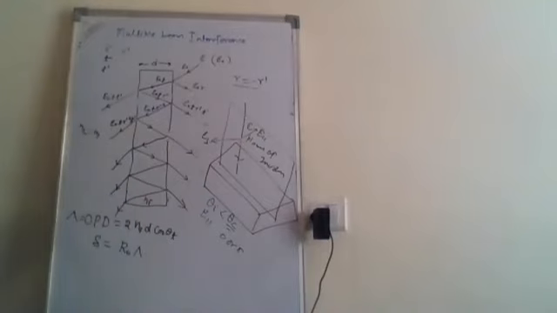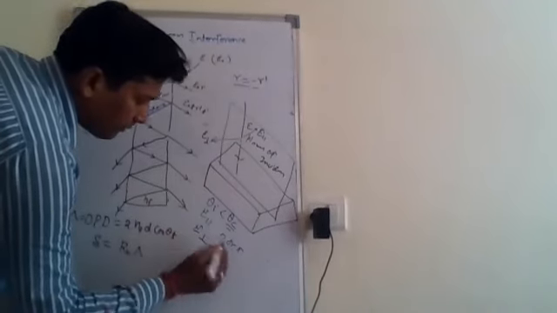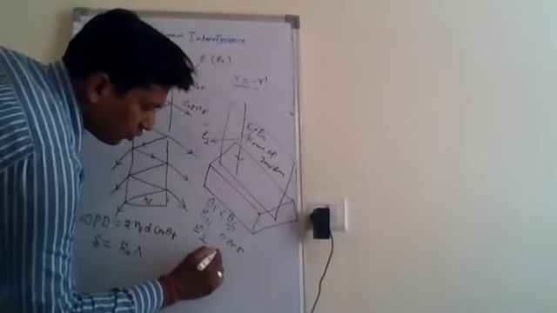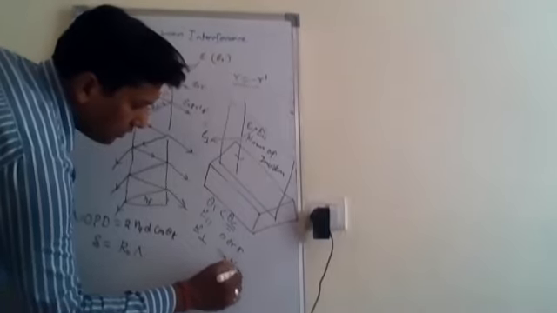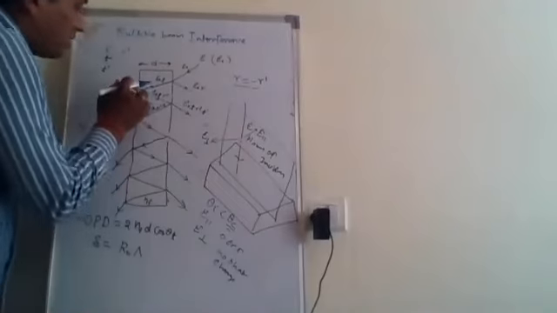While the component of the field perpendicular to the plane of incidence will suffer no change in the phase on internal reflection. So for E perpendicular, there is no phase change on the internal reflection.